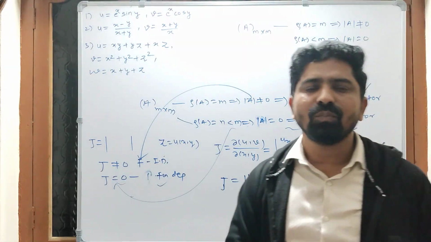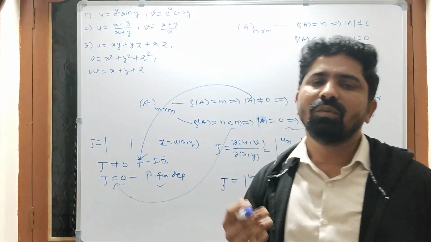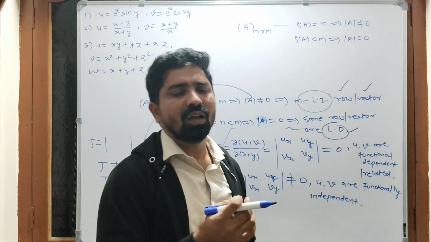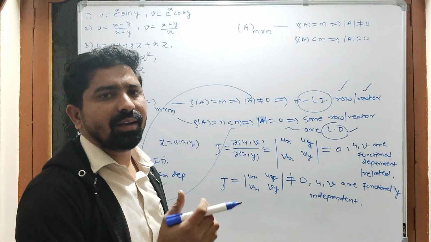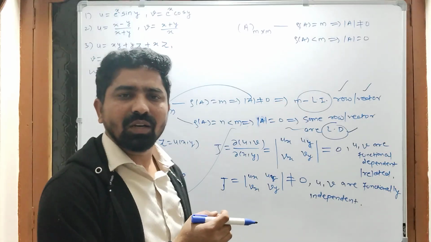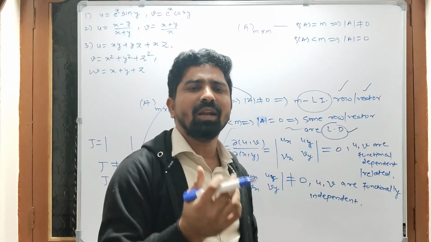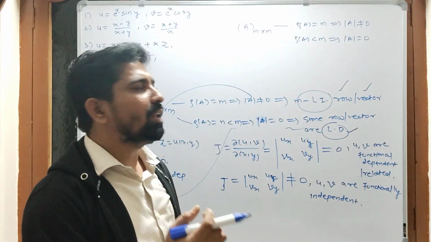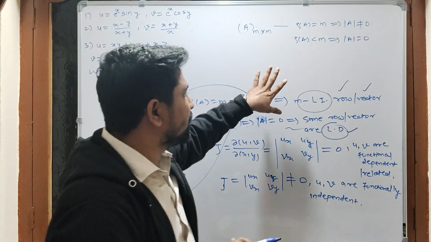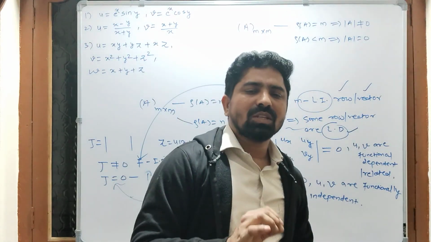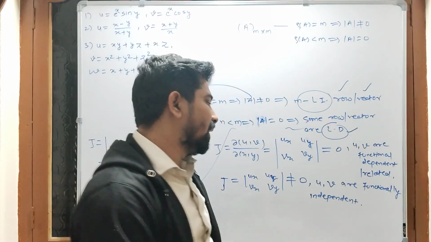So this is the concept of functional dependence and functional independence. Functional dependence is related to linearly dependent vectors, and functional independence is related to linearly independent vectors.